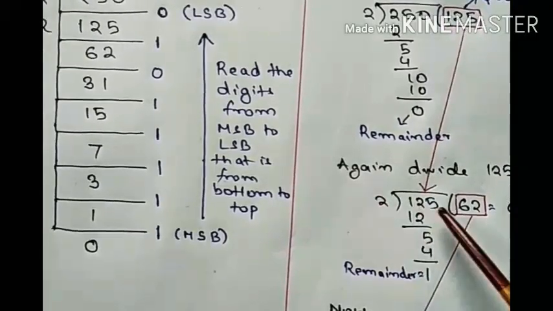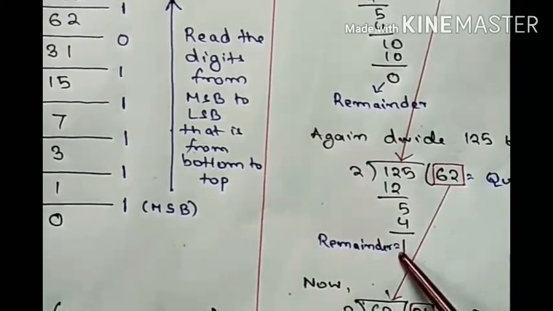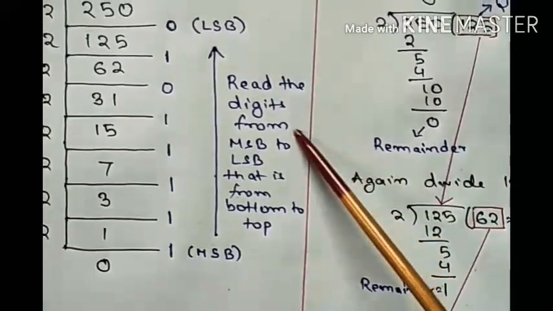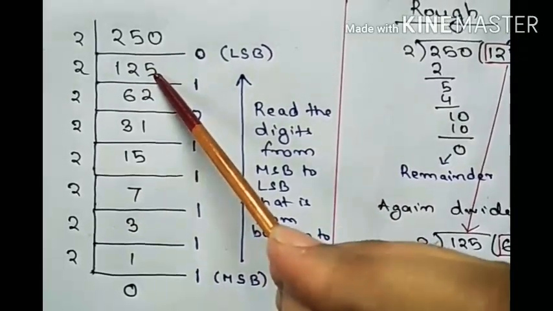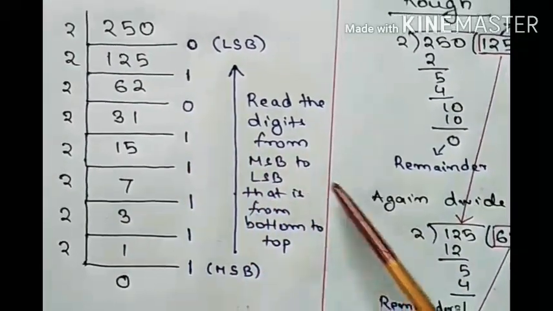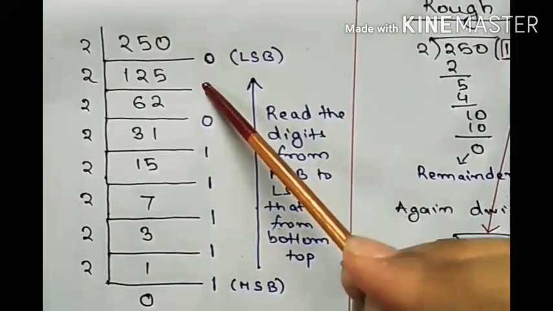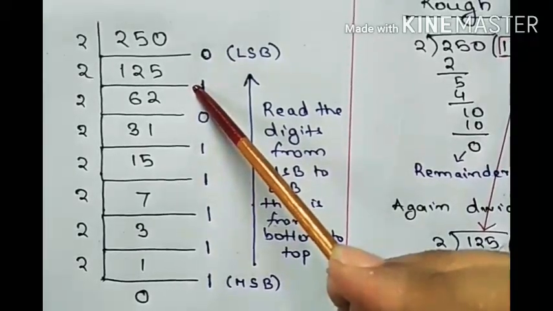By dividing by 2 we get the quotient as 62 and remainder as 1. This quotient is put just below the previous quotient, and the remainder 1 is put following the line of 125.